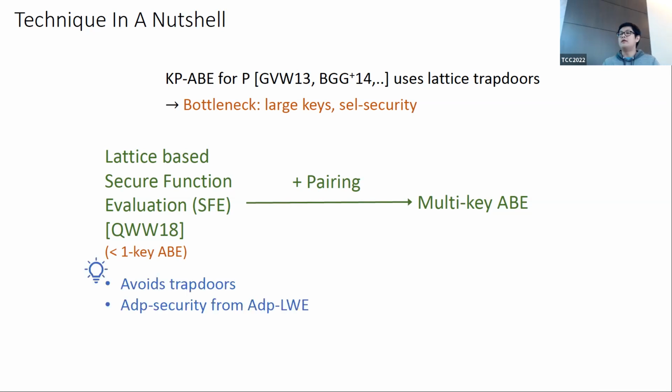This SFE protocol avoids lattice trapdoors in its construction and also in the security proof. And it's adaptively secure from the adaptive LWE assumption. This gives us a new way towards adaptively secure ABE.